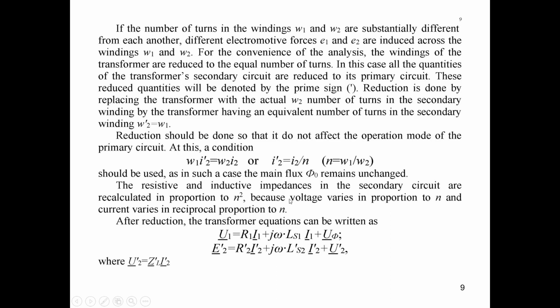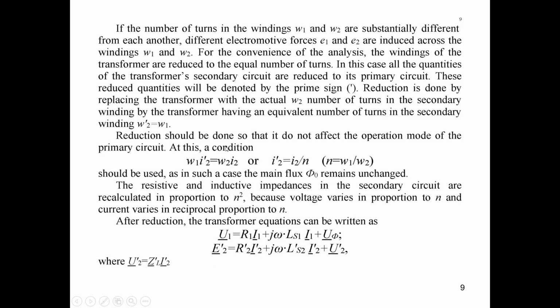Also, we will have this ratio between the number of windings of the primary circuit and secondary circuit to the power 2, because voltage is proportional to it, and currents in the secondary winding will be reciprocal to this n parameter. So after such a reduction, we can rewrite the equation for a transformer with the help of such primary parameters.